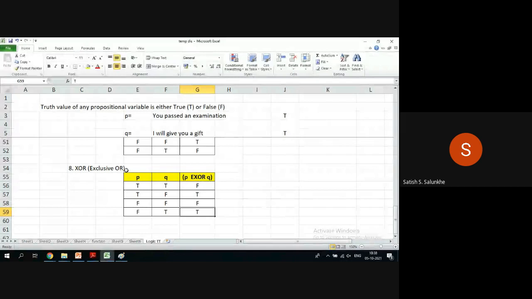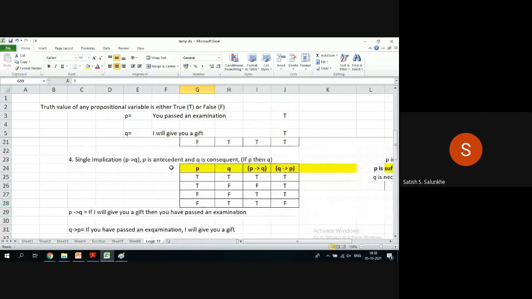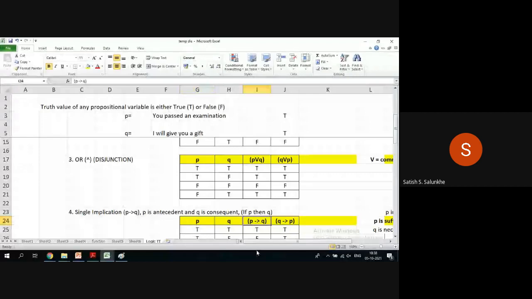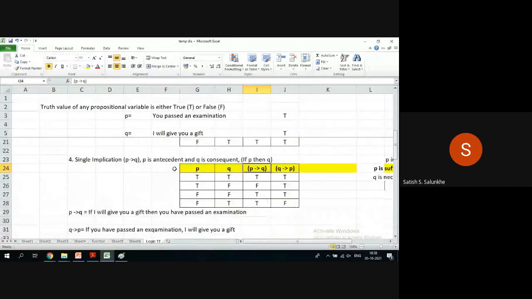I will not discuss it, but one point I need to discuss here is P implies Q. There are certain logical equivalences.